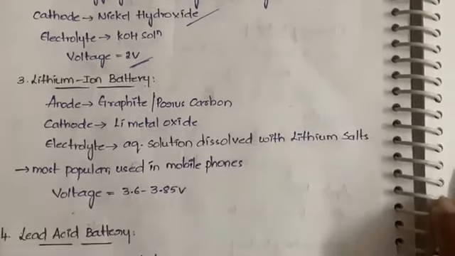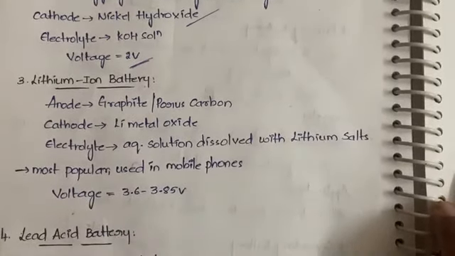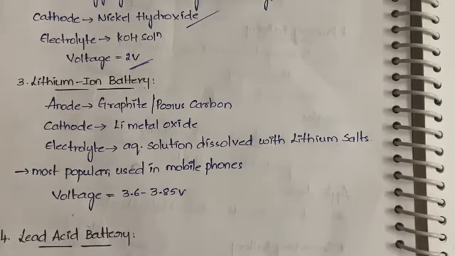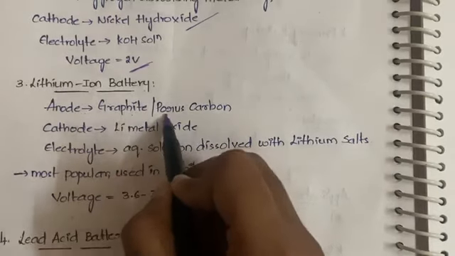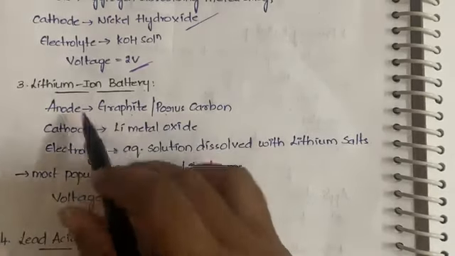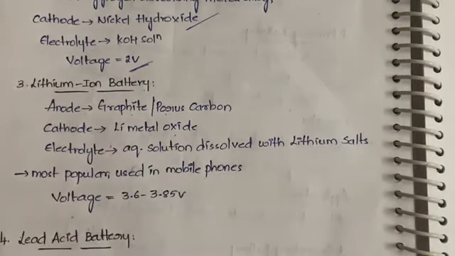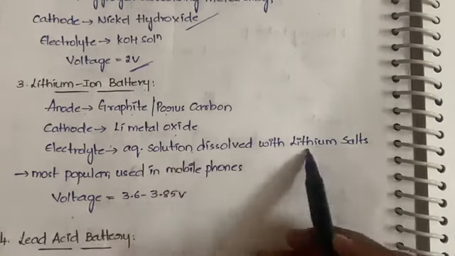Next is the lithium ion battery. Lithium ion battery is the most popular type of battery. It is the battery which we will be using in our mobile phones. Okay, so the anode is graphite or porous carbon, and the cathode will be lithium. Lithium metal oxide will act as a cathode, and graphite or porous carbon will act as anode. And the electrolyte solution is aqueous solution dissolved with lithium salts.